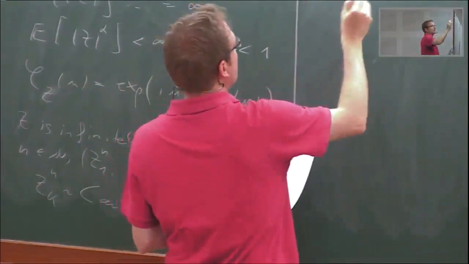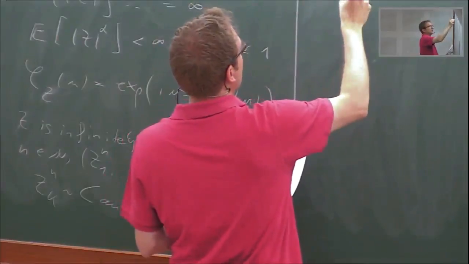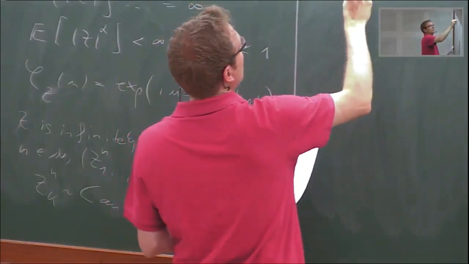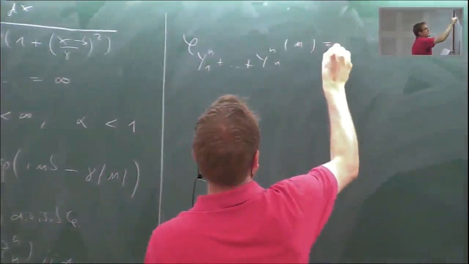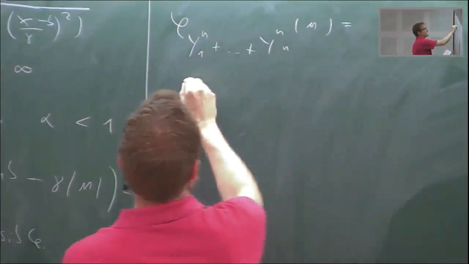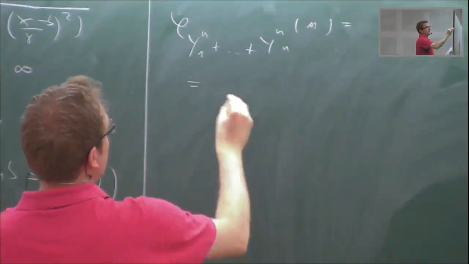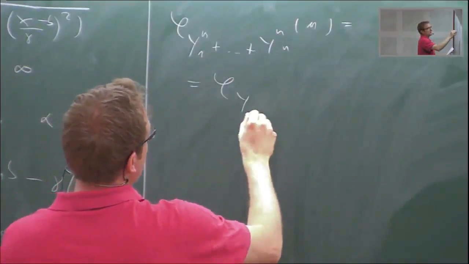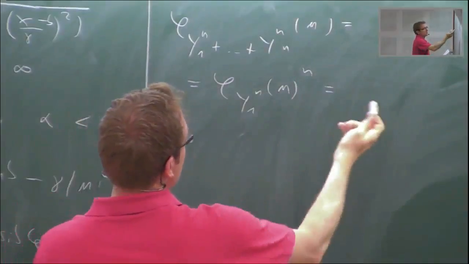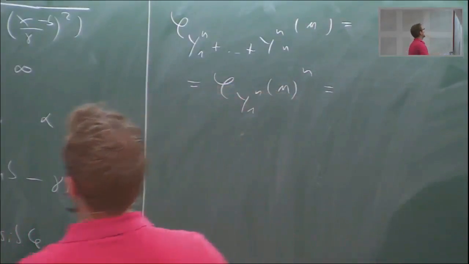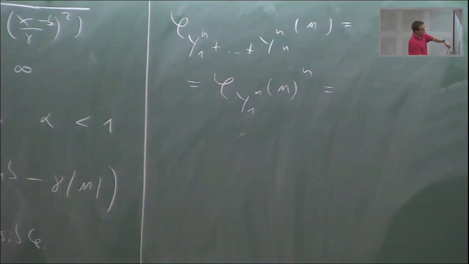So the characteristic function of the sum of Y_{n,1} plus ... plus Y_{n,n} at u: they are independent, so we have the characteristic function of Y_{n,1} at u to the power n. We know what the parameters actually have to be, those here divided by n.